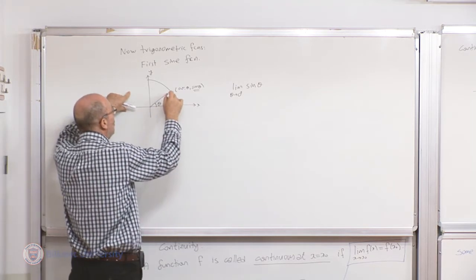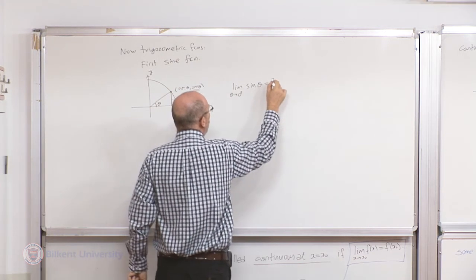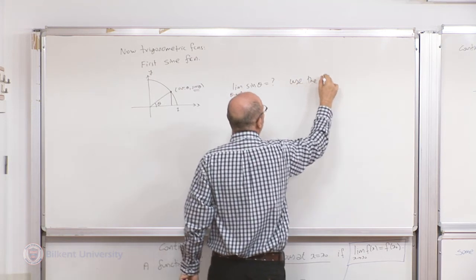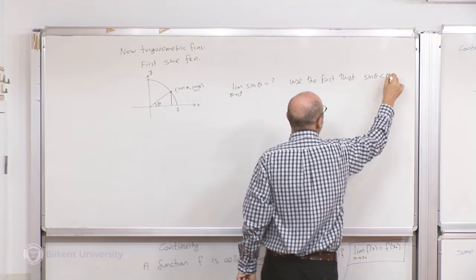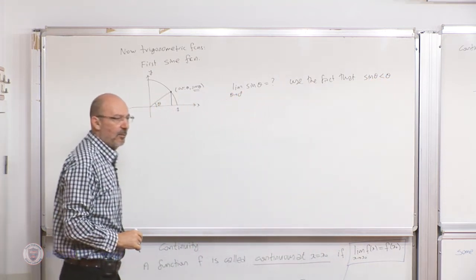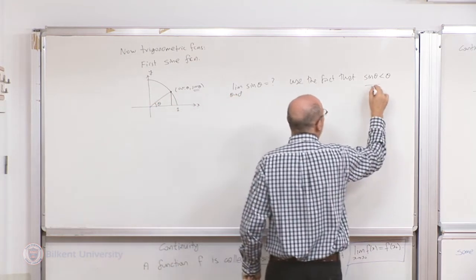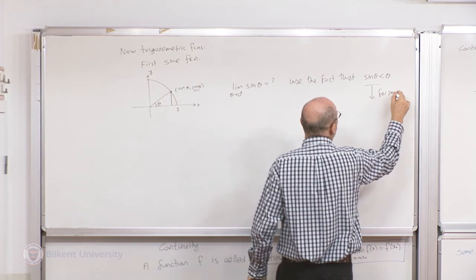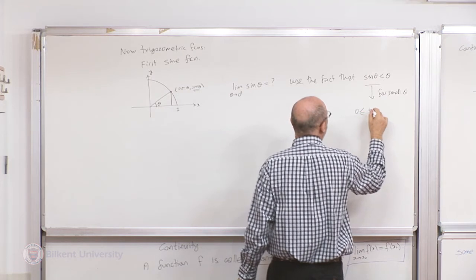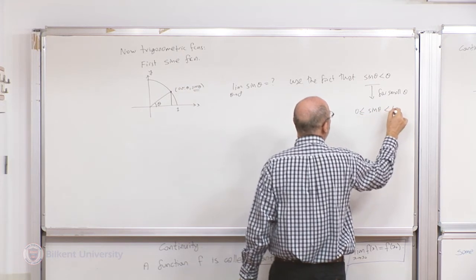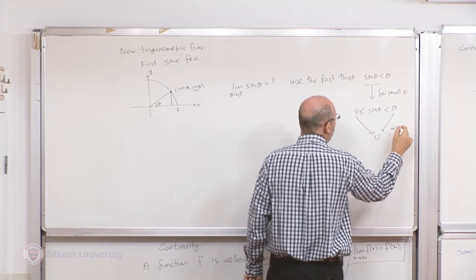But we can also use the fact that this length is less than this length. Okay, so this is equal to, use the fact that sine theta is less than theta for small theta. Okay, and since we are here, so from here for small theta, sine is positive, and that's less than theta. 0 goes to 0, theta goes to 0, as theta goes to 0.